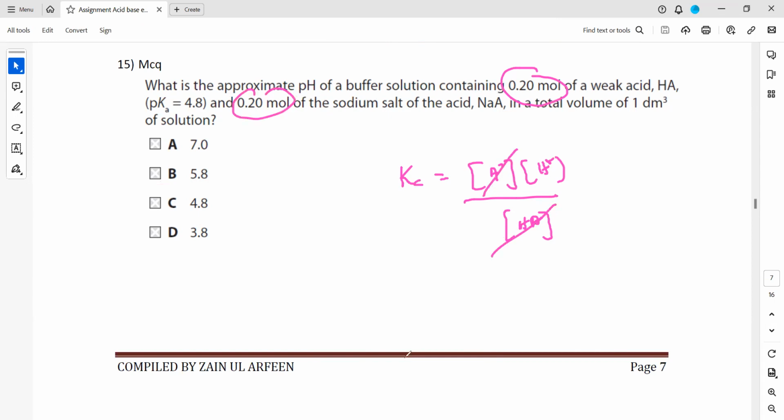If they have equal concentration, they will cancel out. So in that case, Ka equals hydrogen ion concentration, and when Ka equals the hydrogen ion concentration, it means pKa equals pH. pKa is 4.8, so pH should also be 4.8. That's why C will be the right answer. So you can use both ways to solve.